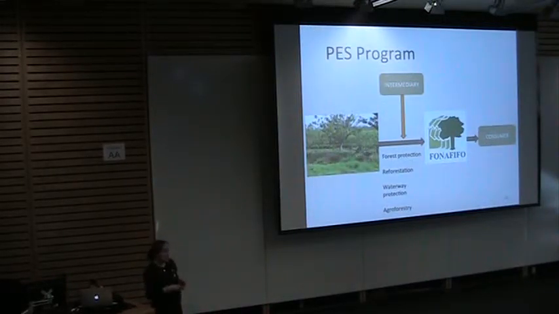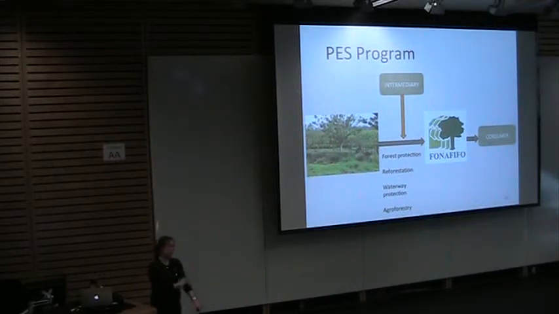The PES program in Costa Rica is a government program that's run by a government department called FONAFIFO, which is the forestry department in the government. The way it works is you have producers generating environmental services through 4 main modalities that I've listed there, and then usually with the help of an intermediary who's usually a private consultant or a forestry company, they sell the environmental services to FONAFIFO, who receives money for their program, or you could say sells them to taxpayers and private companies and public companies.